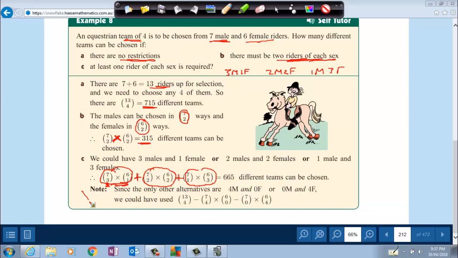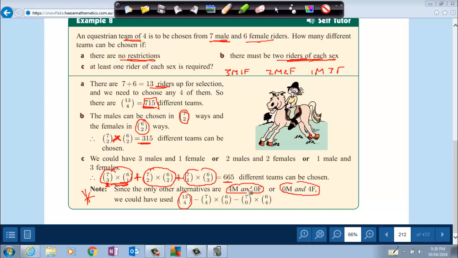There is a note here that we could have achieved the same answer, 665, by looking at the total number of ways we could choose people. That's 4 from the 13, which you've already worked in part A is 715, and we subtract off the cases that this question doesn't involve. Now this does not involve this case, the 4 males and the 0 females, 0 males and 4 females.